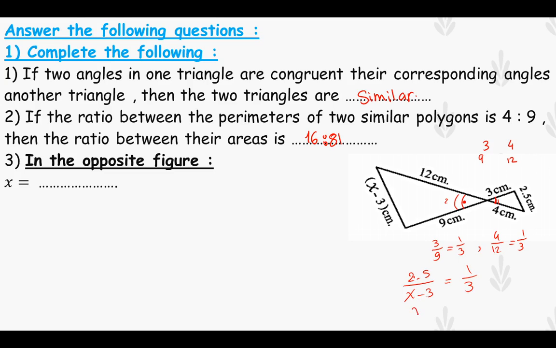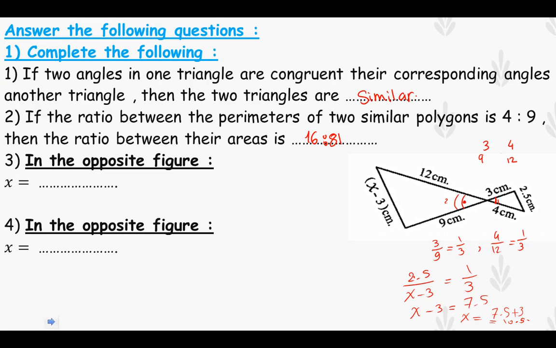Cross multiplication: x minus 3 multiplied by 1, which is x minus 3, equals 3 multiplied by 2.5. 3 multiplied by 2.5 equals 7.5. Negative 3 will go to the other side, so x will be 7.5 plus 3, which equals 10.5. So x will be 10.5.